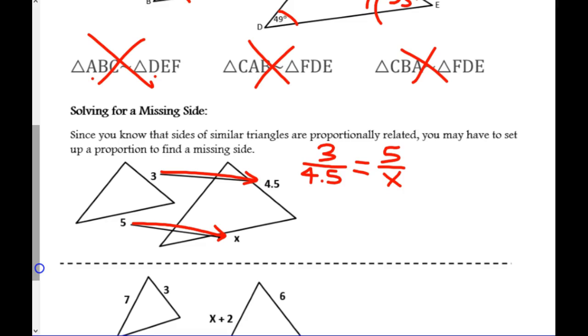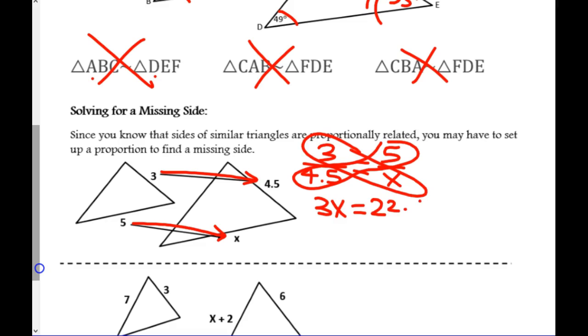Cross multiply and divide, or you could say butterfly method. 3 times x is 3x equals 5 times 4.5 is 22.5. Last step. How do you get rid of that 3? Divide by 3. What's 22.5 divided by 3? 7.5. Very good.